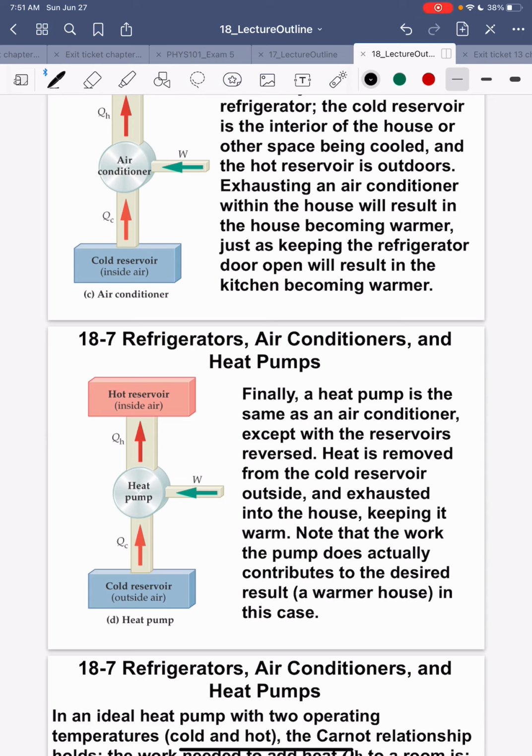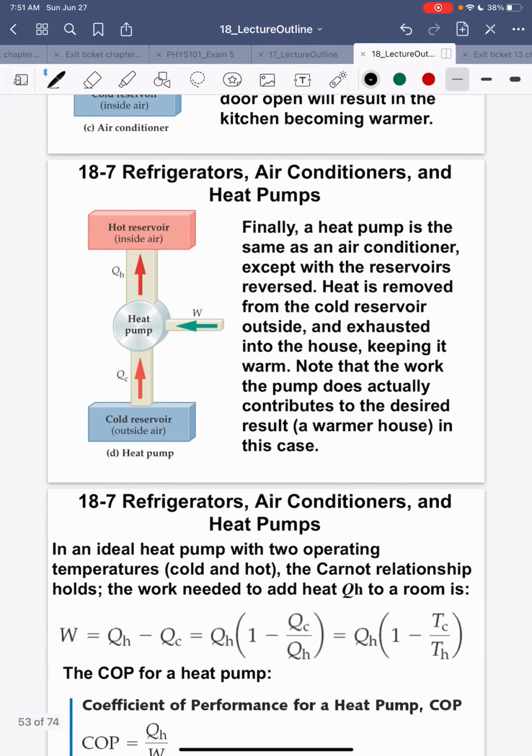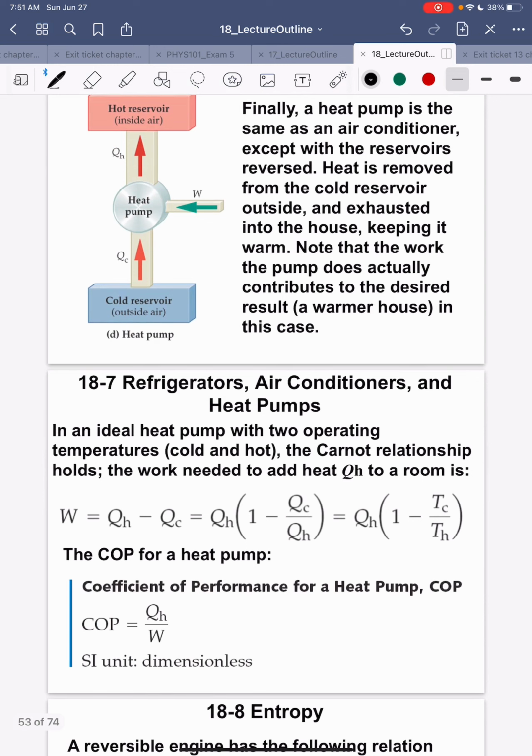Now the heat pump is the same as the air conditioning, except with the reservoirs reversed. Heat is removed from the cold reservoir outside and exhausted into the house, keeping it warm. Note that the pump does actually contribute to the desired result, a warmer house in this case. Okay, now this is the equation that we are going to use for an ideal heat pump with two operating temperatures.